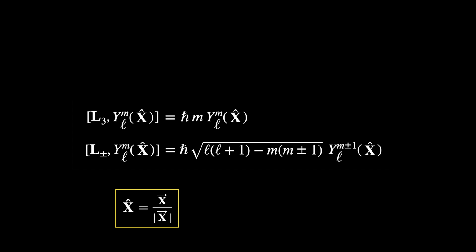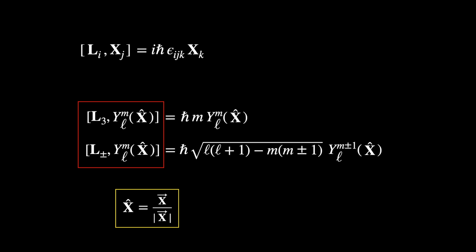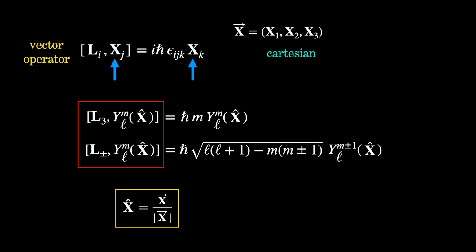Notice that these commutators on the left-hand side are fully determined by the commutator between L and X. And since the position operator is a vector operator and rotates like one, this commutator is just equal. This is the commutation relation for the Cartesian components of a vector operator, which is equivalent to an L equals 1 operator in the spherical basis.